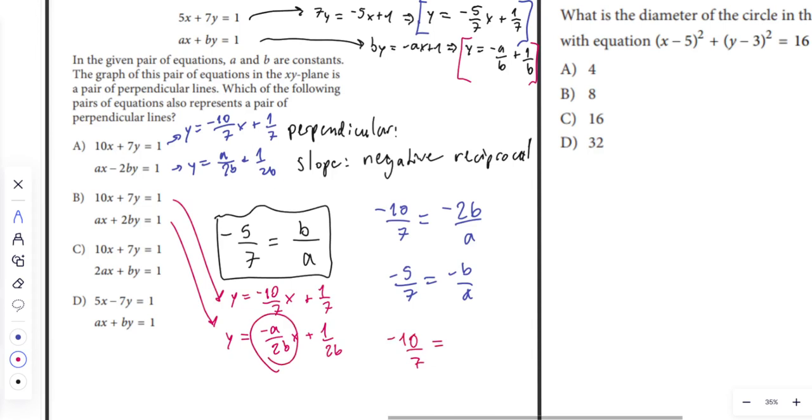And let's take the negative reciprocal of this slope, 2b over a. Divide everything by 2, we get negative 5 over 7 is equal to b over a. And that's exactly the right relationship that we saw from the original equations. So definitely this is also a pair of perpendicular lines.